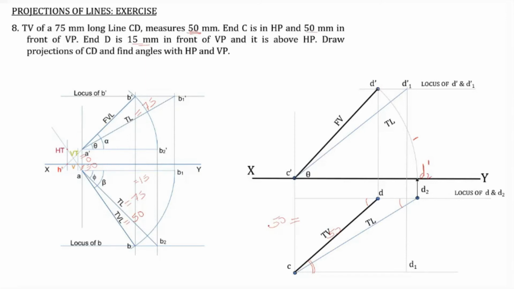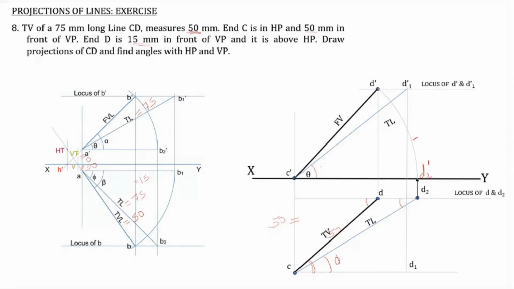Okay, now finally what we have to do is we have to measure the things, that is the theta. This angle is theta, this angle is phi, this is phi, this is theta is already marked there.